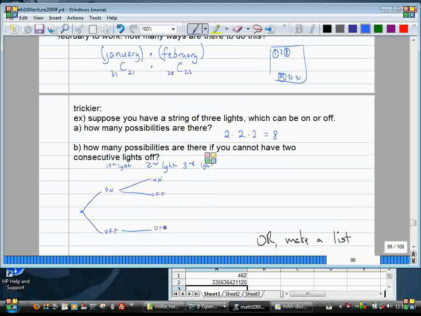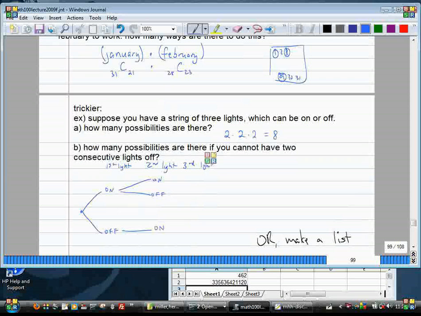It can only be on, it can't be off. You dig? Because what is the restriction that the problem says? You cannot have 2 consecutive lights that are off. So if the first light is off, what does the second light have to be? It has to be on.